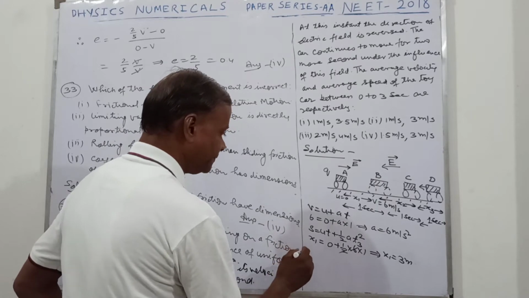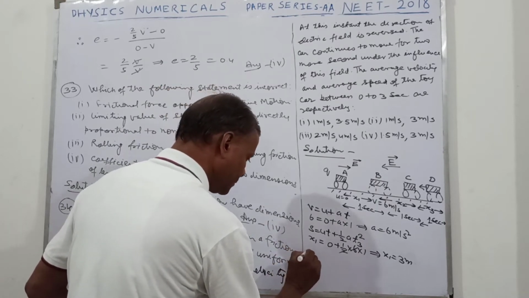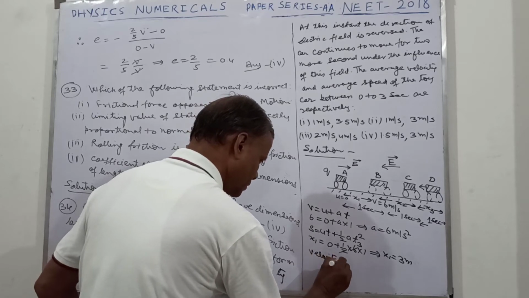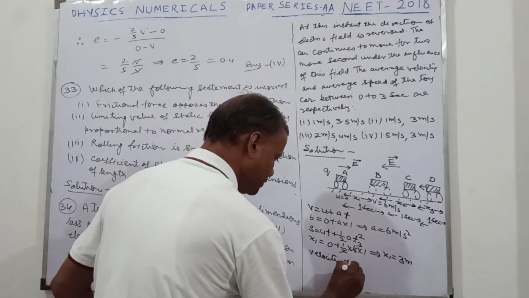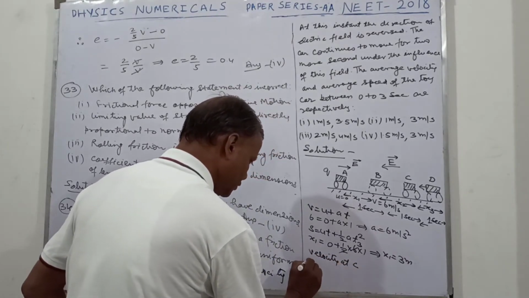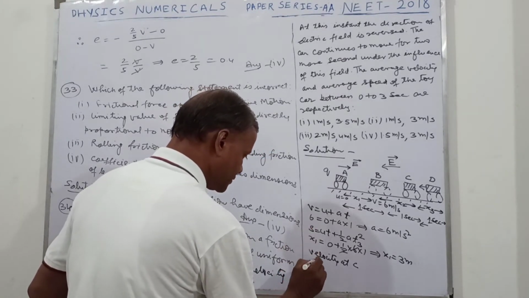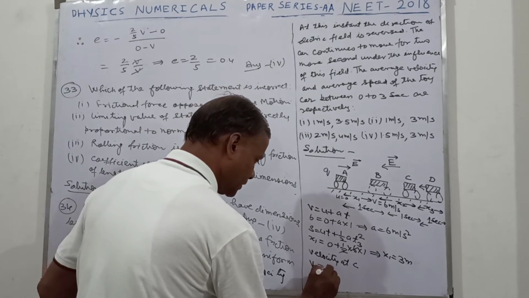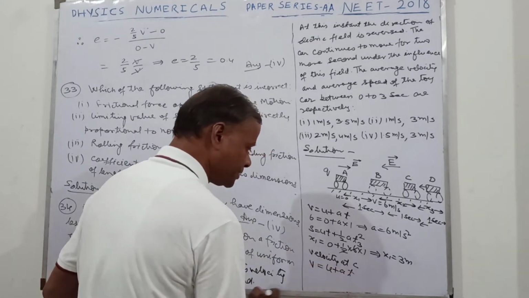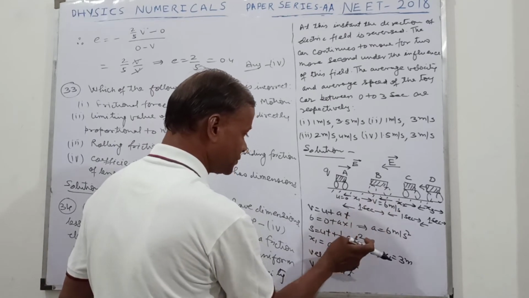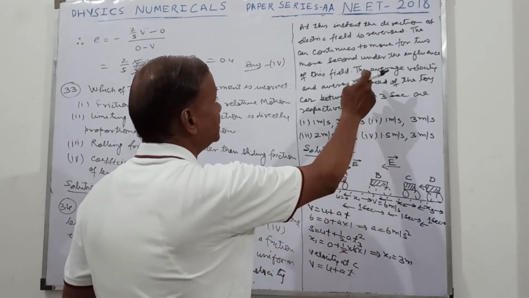Velocity at C: again apply v equals u plus at, and u at this time is 6 meter per second, given in the question.